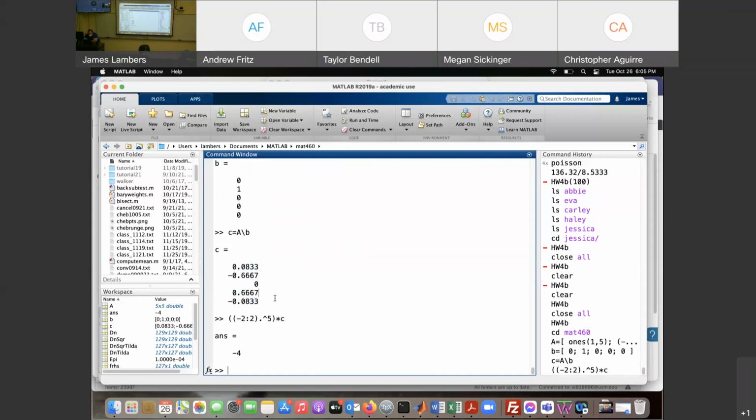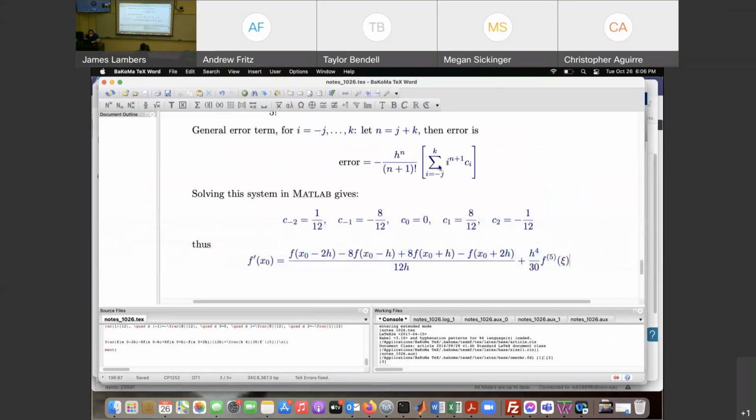And to get the error term, I took the same vector of indices, raised it to the 5th power. Now this is a row vector, and C is a column vector. If I multiply a row vector by a column vector in that order, it's a dot product. So this is equivalent to this sum right here.